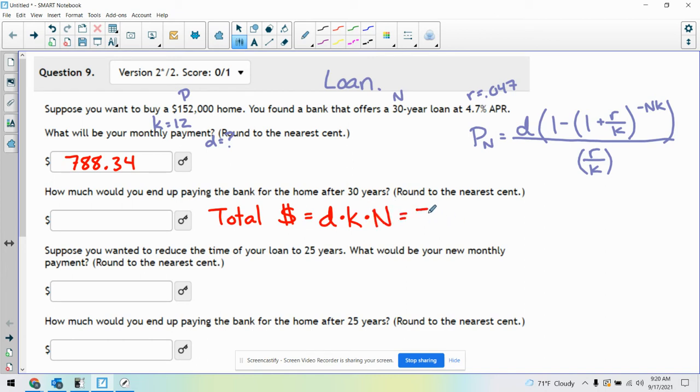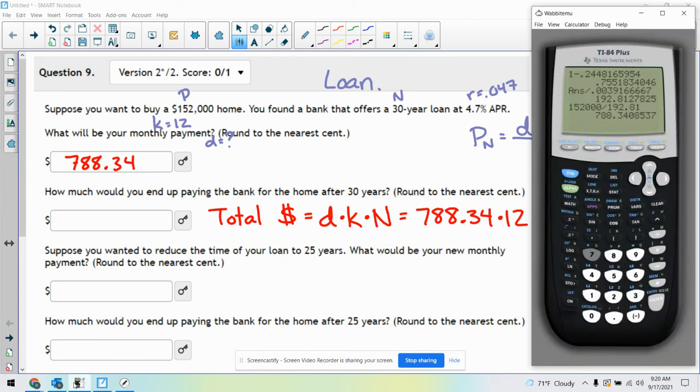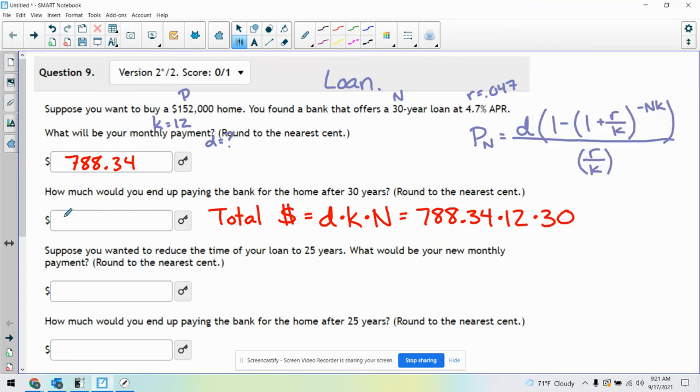So we're making a payment of $788.34 every month, so times 12, for 30 years. 788.34 times 12 times 30 is $283,802.40.